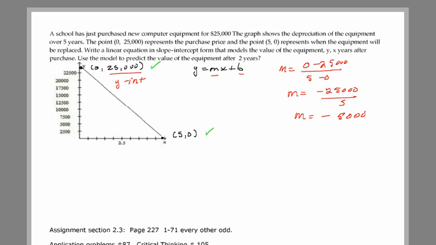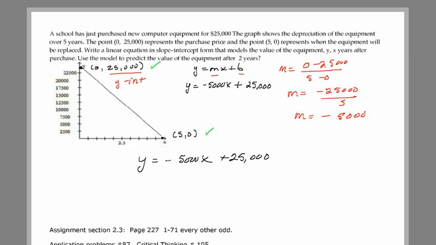So I can now write my equation of the line. y equals negative 5,000x, y equals mx plus b, where b is my y-intercept, which was found to be 25,000. So there is the linear model: y equals negative 5,000x plus 25,000.